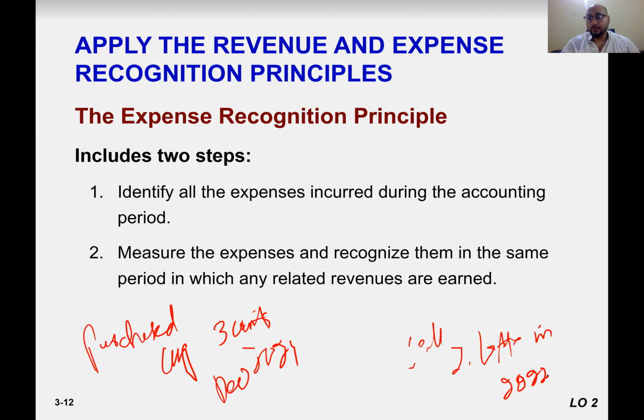Now there's a conflict. You purchased these cups in December 2021 and your sale occurred in 2022.